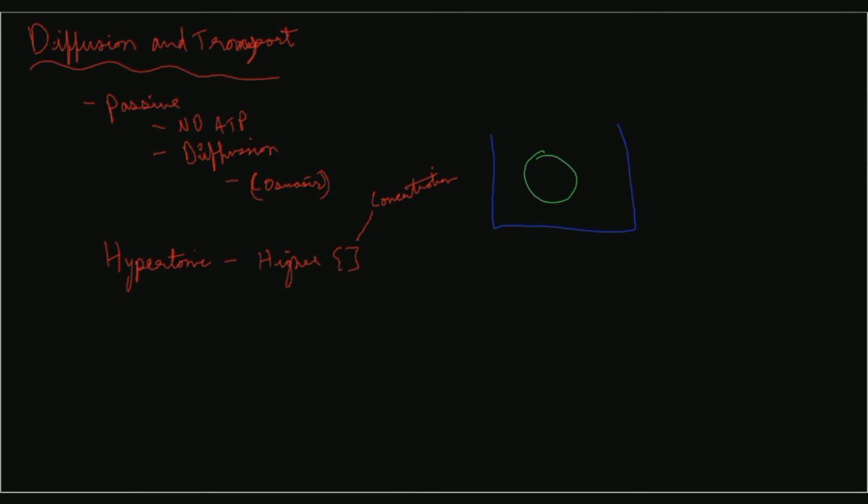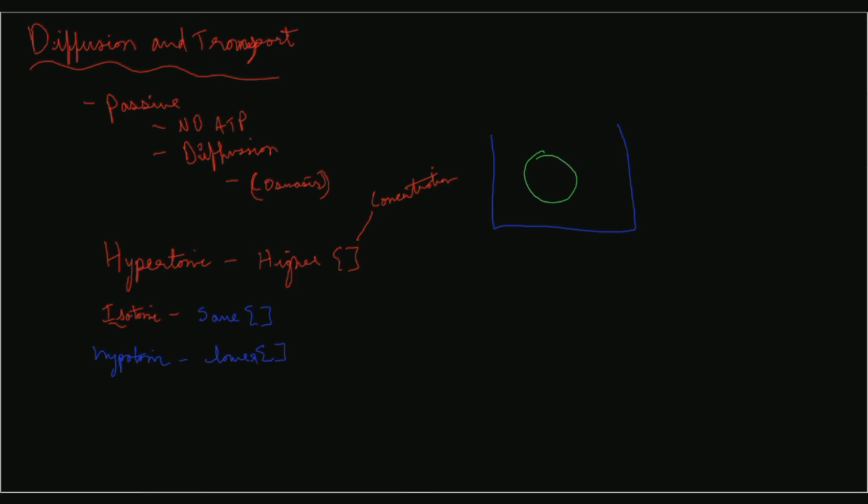Then you have isotonic, and you can tell by iso that it is the same concentration. And then you have hypotonic, which is lower concentration.